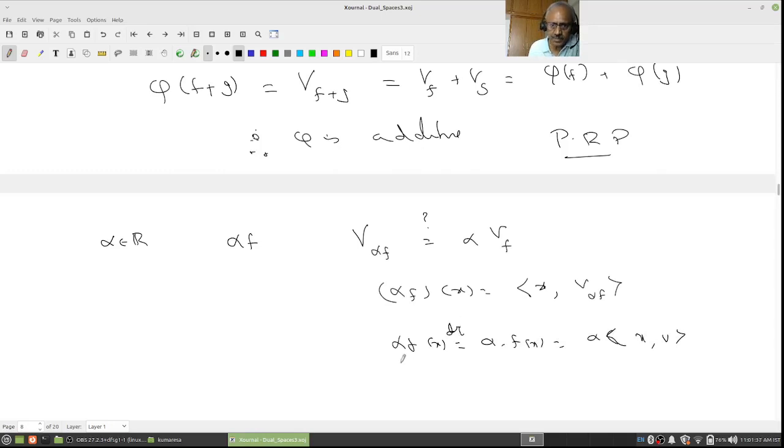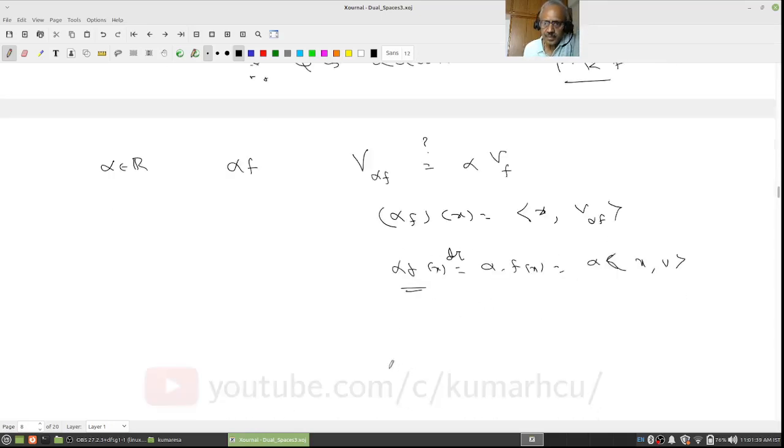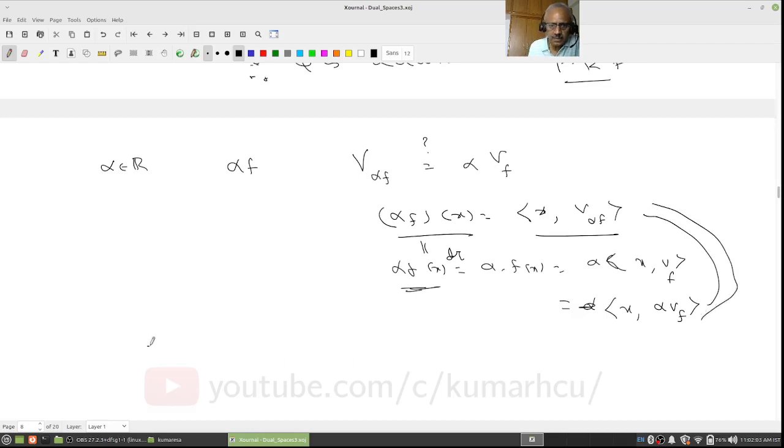This is by definition of scalar multiplication. Do you follow? But I can write this as the inner product of x with alpha v_f. This alpha can go inside. Now let us look at alpha f of x. These are equal. Therefore, these two sides are equal. This implies by uniqueness that v of alpha f is alpha times v_f. Pause, review, proceed.